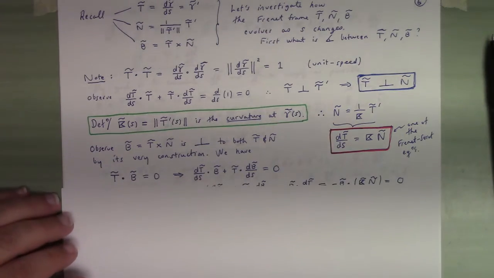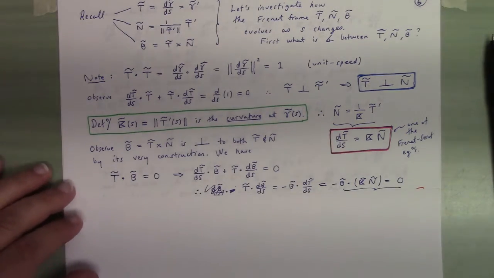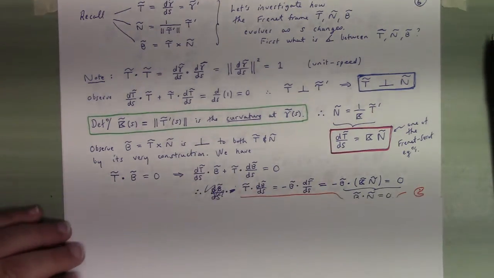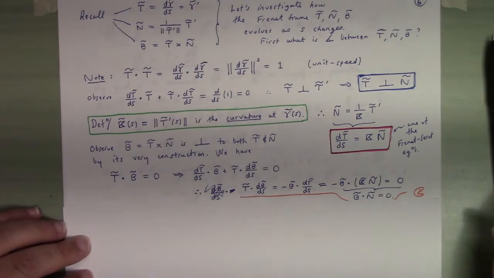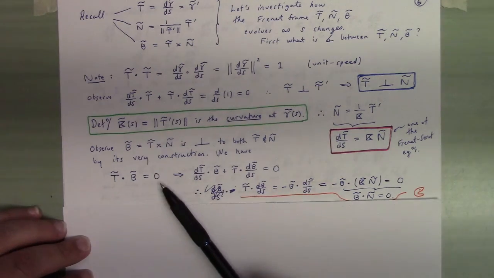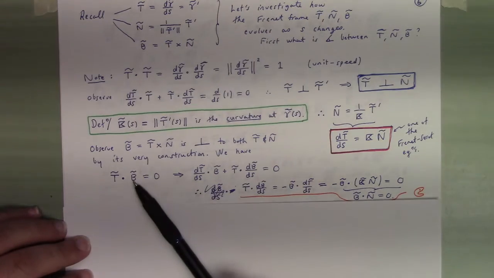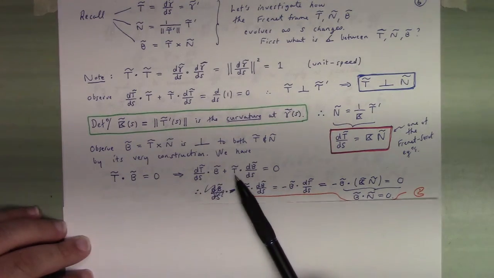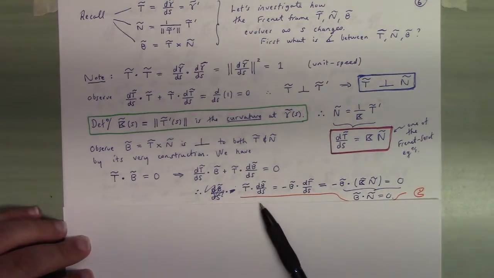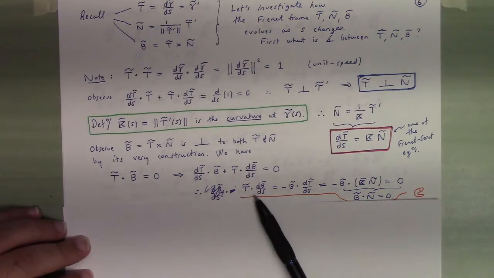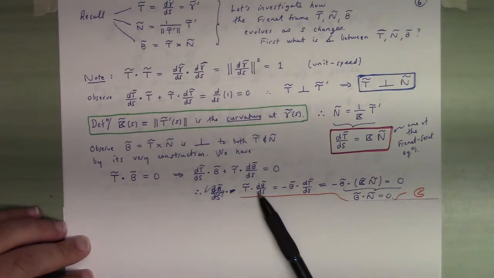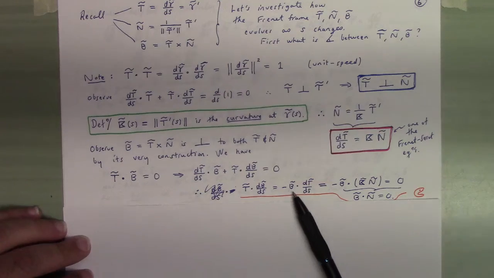Now since b and t and n are perpendicular, we also know that t dot b is equal to 0. And so I differentiate that. It gives me t prime dot b plus t dot b prime equal to 0. And so that tells me that t dot b prime is minus b dot t prime.